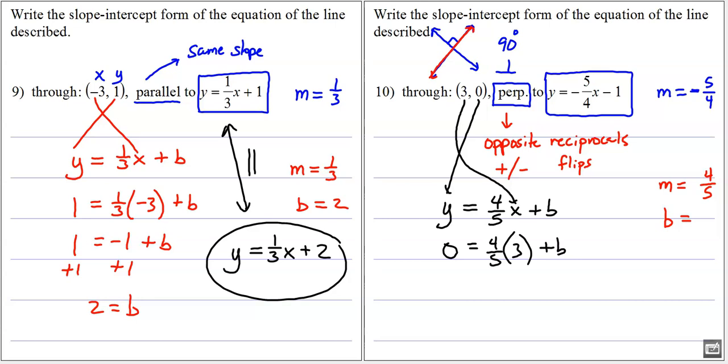I'm actually going to change this 3, and I'm going to make it a 3/1 because it'll be a little bit easier to multiply the fractions. Because when you multiply fractions, you don't need a common denominator. You just go straight across. So I get 12/5. Subtract 12/5 from both sides. And I get b equals negative 12/5.